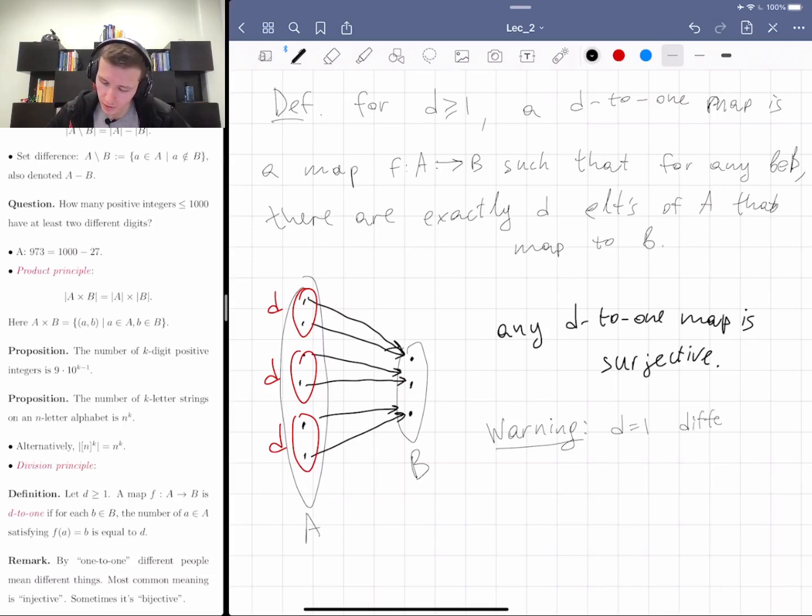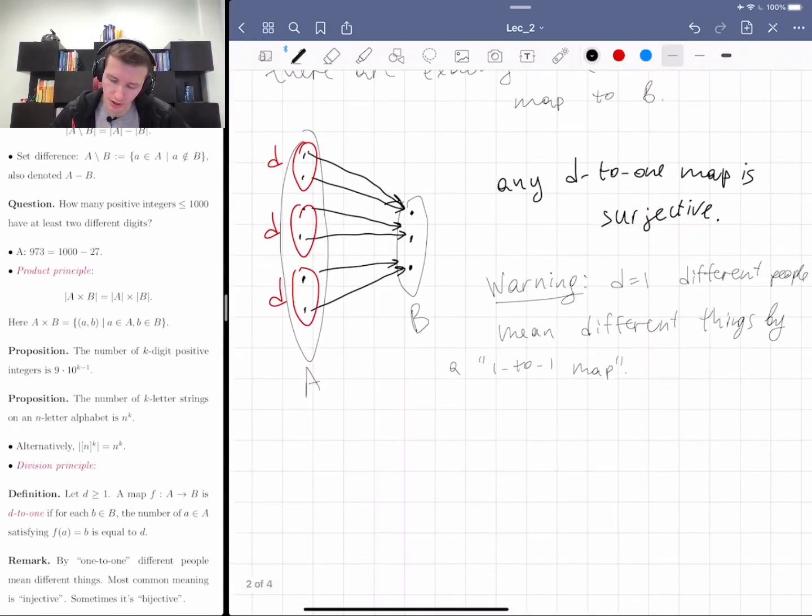Different people mean different things by a 1-to-1 map. The two options are that some people mean injective and some mean bijective.